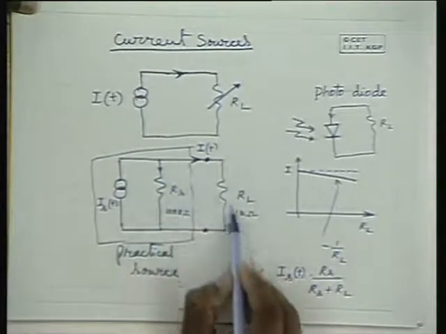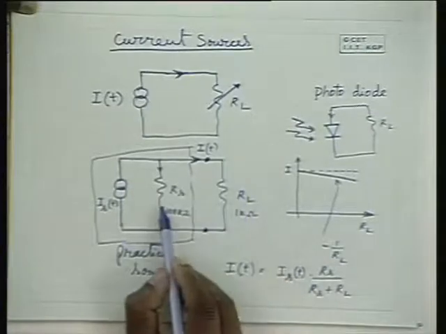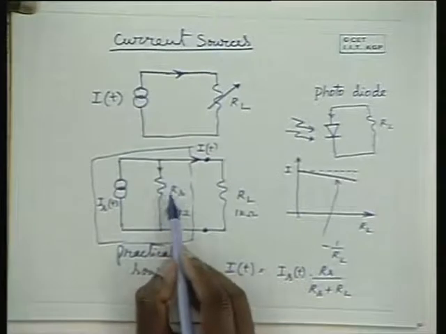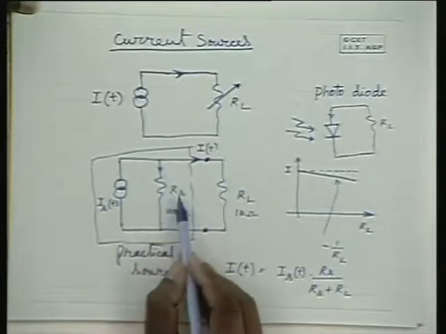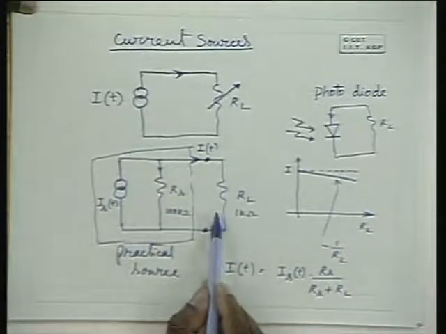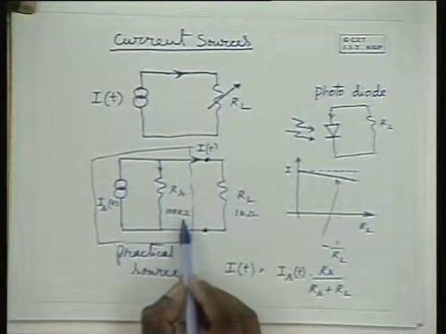The same 1 milliampere will flow through. The ratio is 200:1, so the current which flows through this would be reduced to half. That current is anyway negligible. So the change in this current is negligibly small when this is of the order of 1 kilo ohms and this is of the order of 100 kilo ohms.